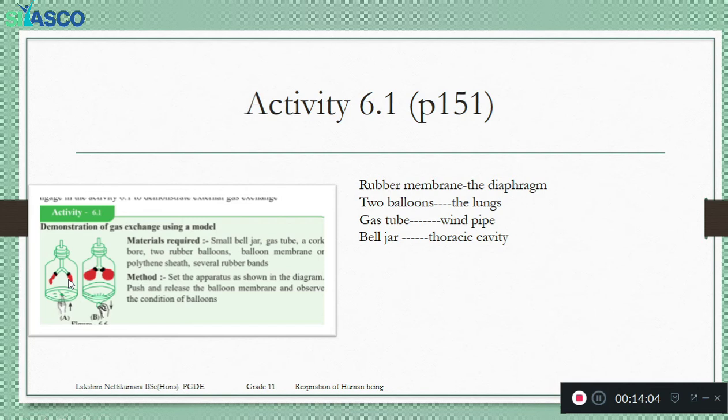Then what will happen? Air outside comes. So these two balloons acted as the two lungs. These two lungs fill with air. Now for the exhalation process, when we pull down the membrane, what will happen? The volume increases, pressure decreases.